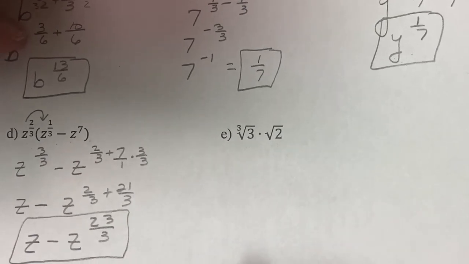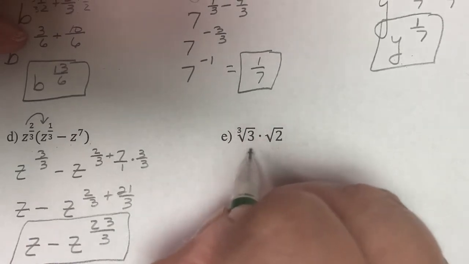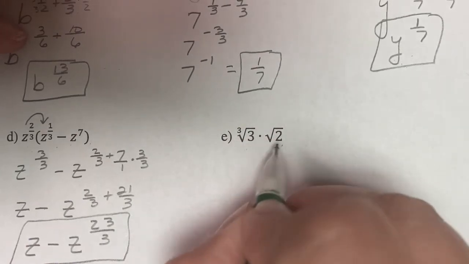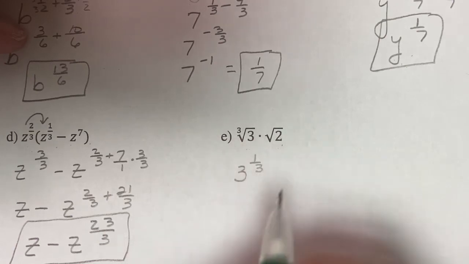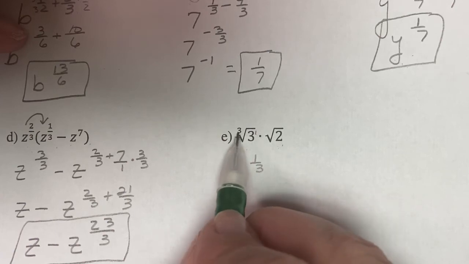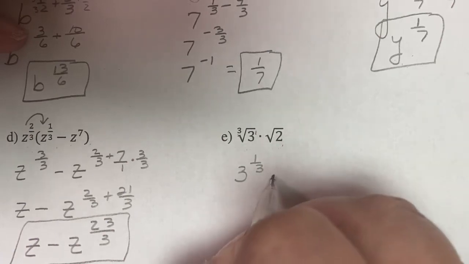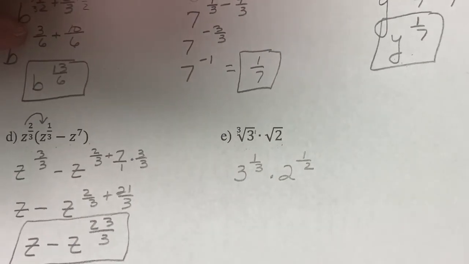So take really careful notes here. So I'm going to change these both to using rational exponents. So this would be 3 to the 1/3, because the exponent on the 3 is a 1, and the bottom is the index, times 2 to the 1/2.